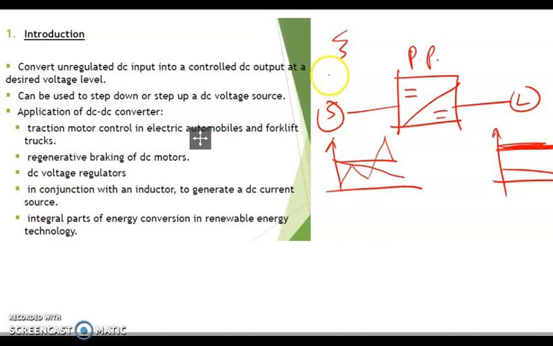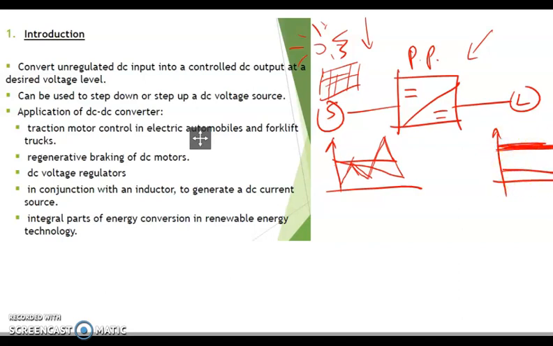Let's say we have a source of PV panels. When the intensity of the sun is high, your voltage will increase, but when the intensity reduces, the voltage will reduce. So it fluctuates between high and low. But the main thing we have to take care of is that the power processor should be able to maintain the output voltage at either higher or lower voltage.